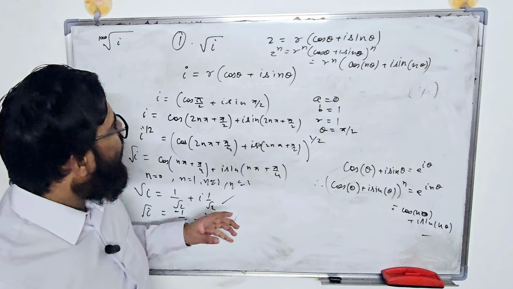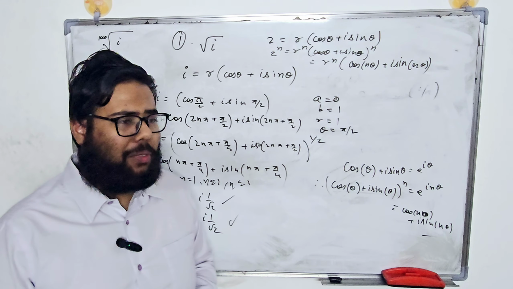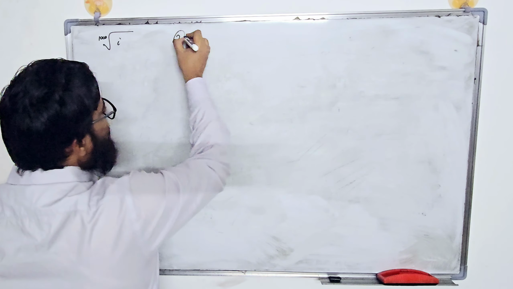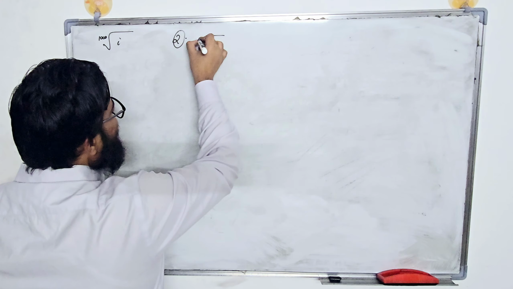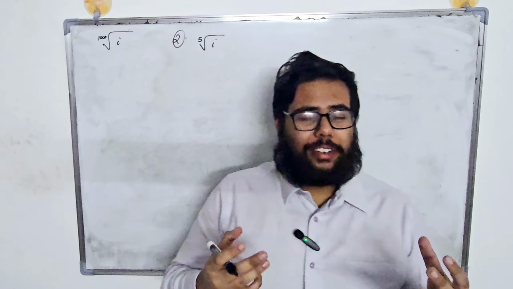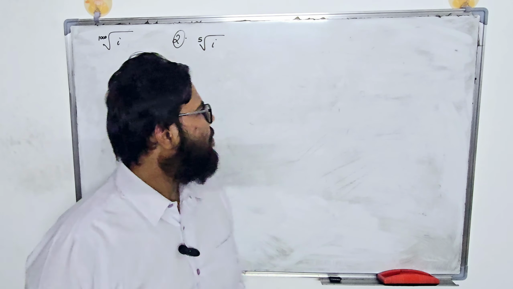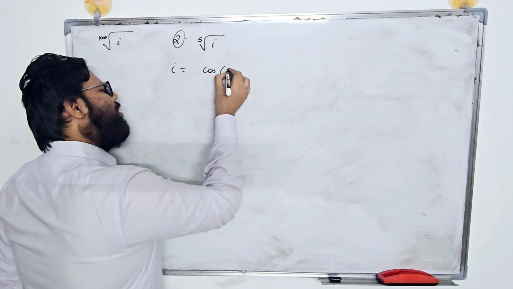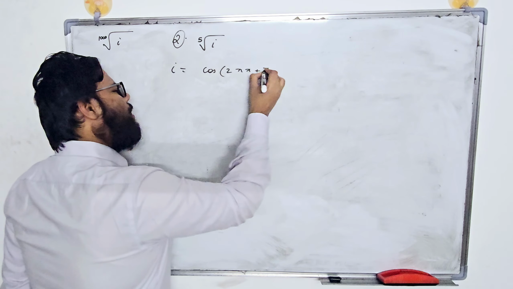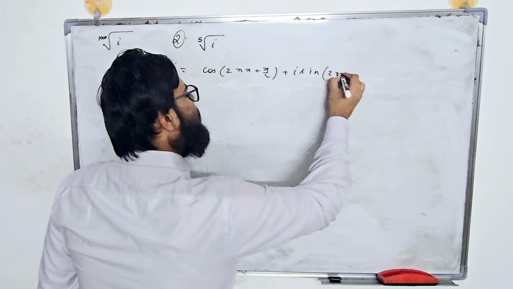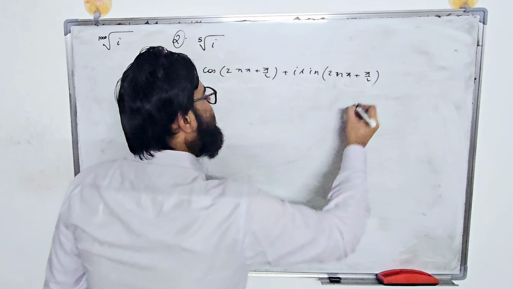Now let's move to a better problem. Second problem: suppose I ask you the fifth root of iota. Well, it's again an interesting question. Iota can be written as cos of (2n pi plus pi by 2) plus I sin of (2n pi plus pi by 2).